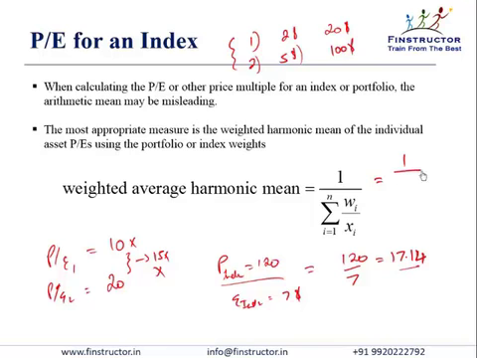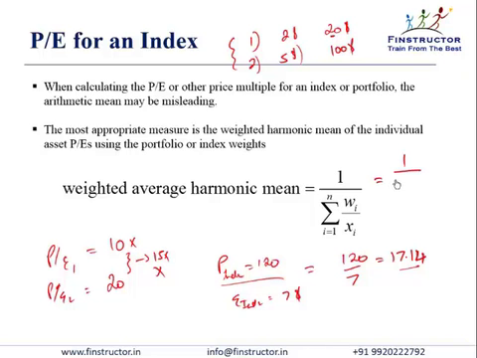So 1 divided by the weight of stock 1 in the index, which is 20 upon 120, because it's on the basis of price, value weighted. So the total value of the index is 120, stock 1 is 20 and stock 2 is 100.